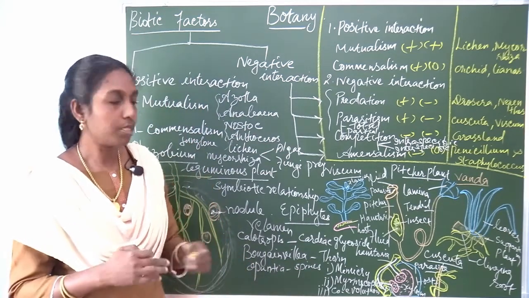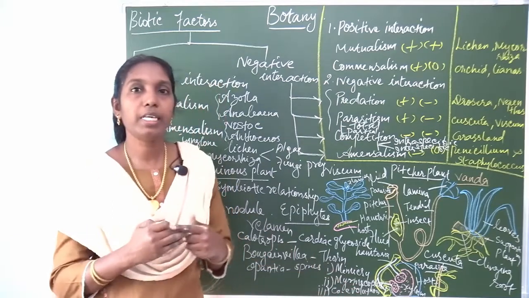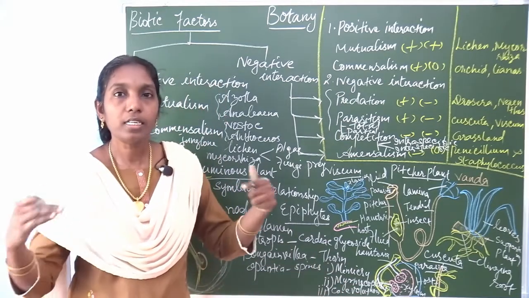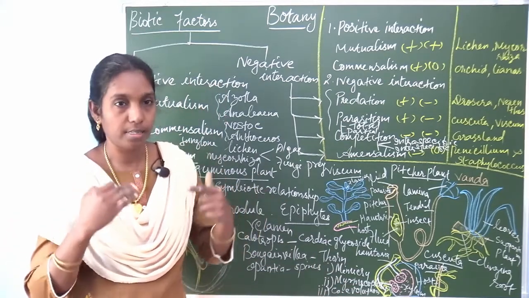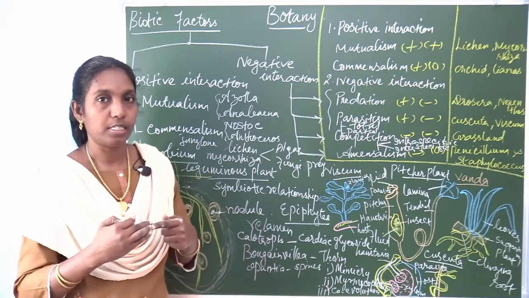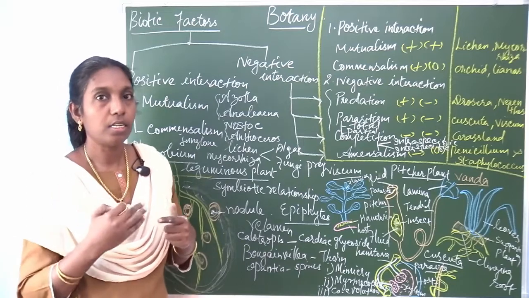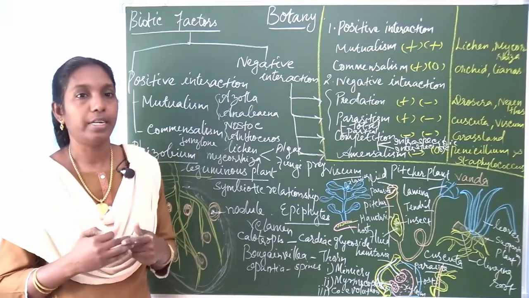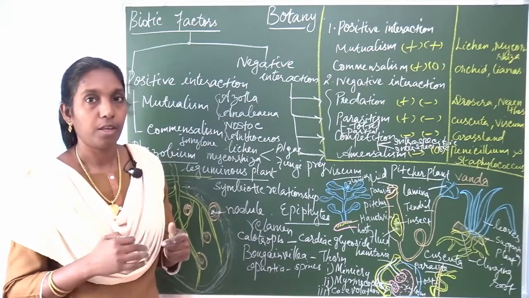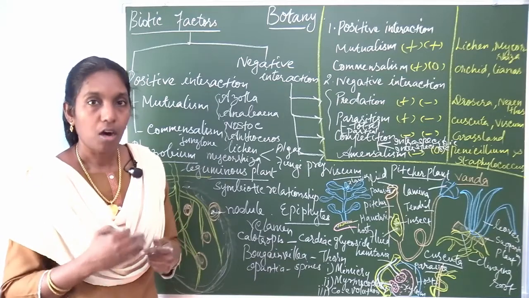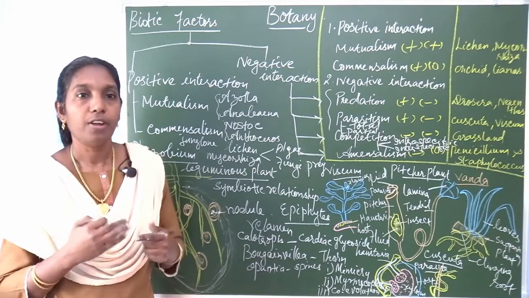Mimicry means similar. Certain organisms look like other organisms. For example, in plants, Ophrys is one of the orchids.